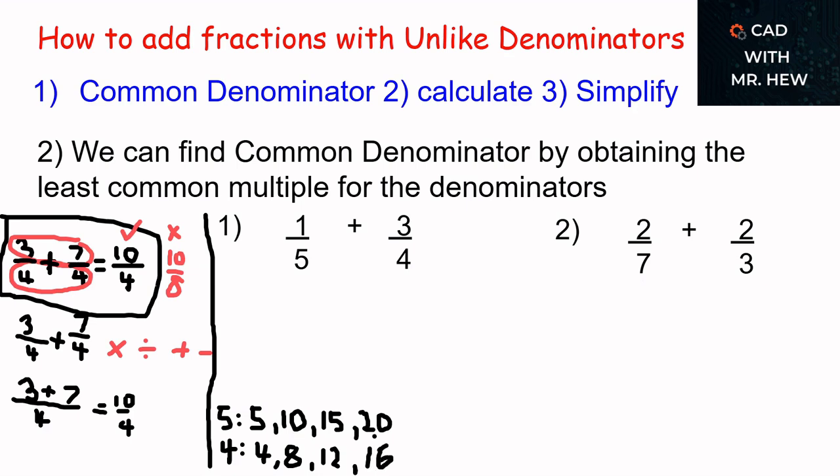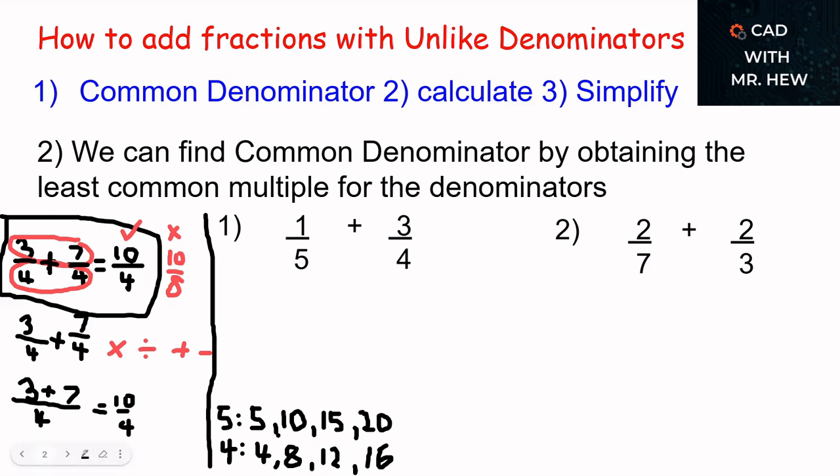So what we're doing is looking to see which multiple of 5 and 4 is the least common multiple in the set that we have written out. Now we have written it and none of these numbers correspond, right?